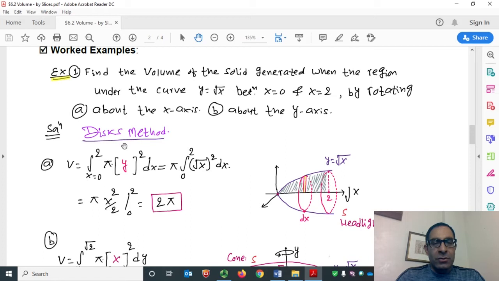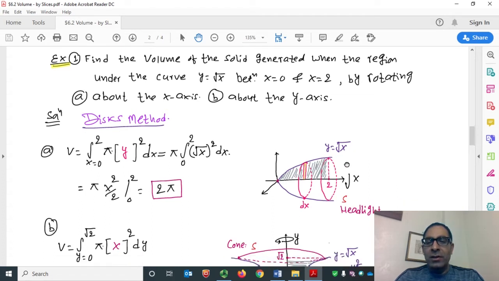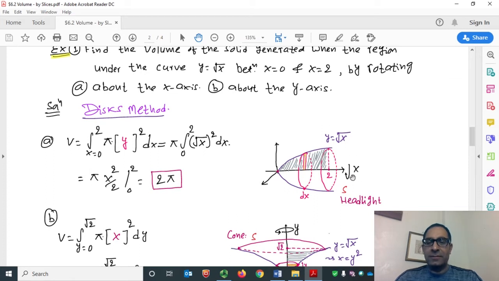Again, we are first using the disk method. So our region is here. Our function is y equals radical x, this is my y equals radical x, between x equals 0 and x equals 2. So this is the region under the graph of y equals radical x down to the x-axis.